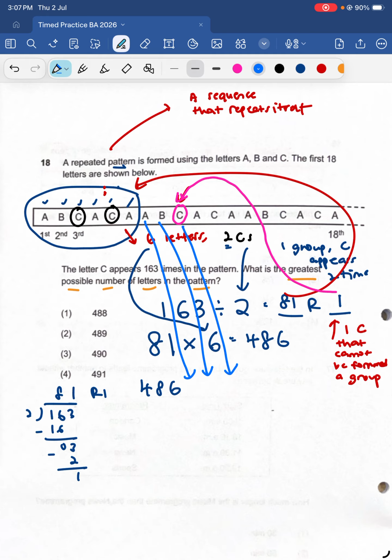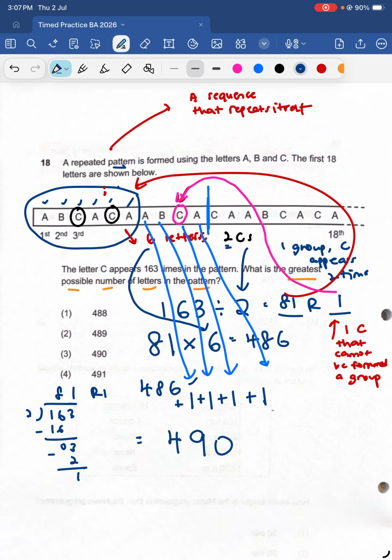Most of you stop here. But is this the greatest number? No, actually I can stop here, add one more. I can add this A again. So this means that I'm going to plus 1, plus 1, plus 1, plus 1, which is 490.